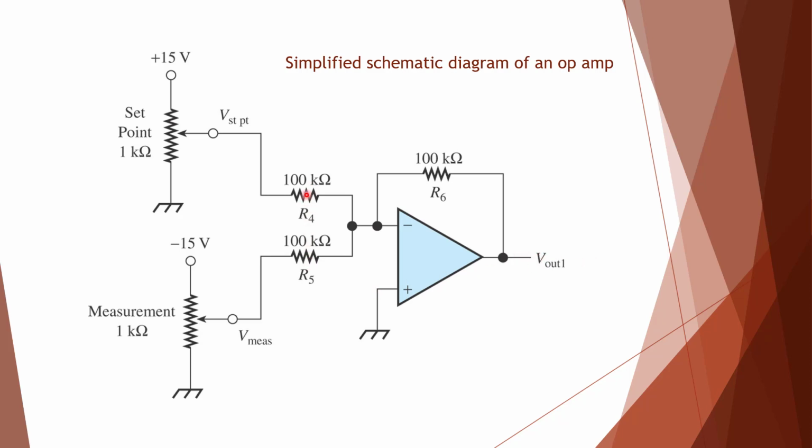And I can weight the effects by balancing these resistors here. One of the best features of the op amp is that it's very, very easily incorporated into circuits, and you have a wide variety of design options with very little designing required.